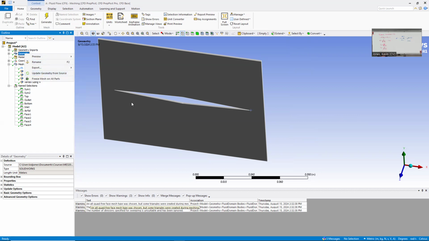So if I wanted to go to a 2-degree or 5-degree angle of attack, I could change it in SolidWorks, save it, read it back in, and all of these names stay the same because I didn't change any surfaces. I just moved things. So you don't have to redo any of these assignments here. They'll all be set. They'll just bring in the new geometry, you mesh, and done.